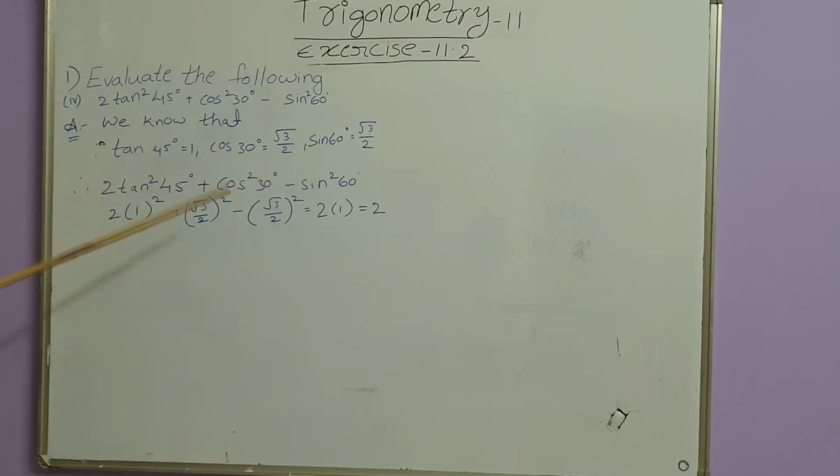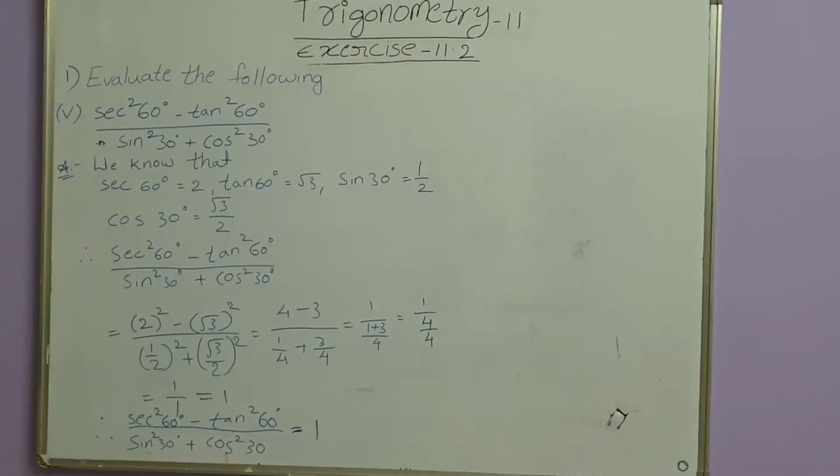Substitute these values in this equation. 2 of 1, tan 45 degrees value is 1, and cos 30 degrees is root 3 by 2 whole square minus sin 60 degrees value is root 3 by 2 whole square is equal to this. Plus term, minus term cancel. We have 2 of 1 is equal to 2.